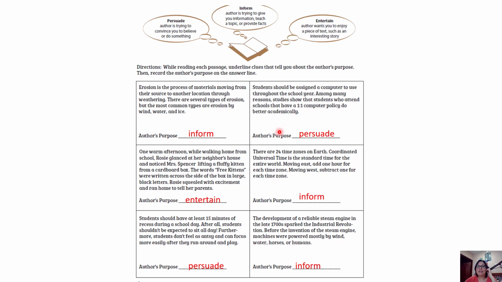Let's see, for example, this one. "Students should be assigned a computer to use throughout the school year. Among many reasons, studies show that students who attend schools that have a one-to-one computer policy do better academically." So in here, guys, the author's purpose was to persuade. Why?